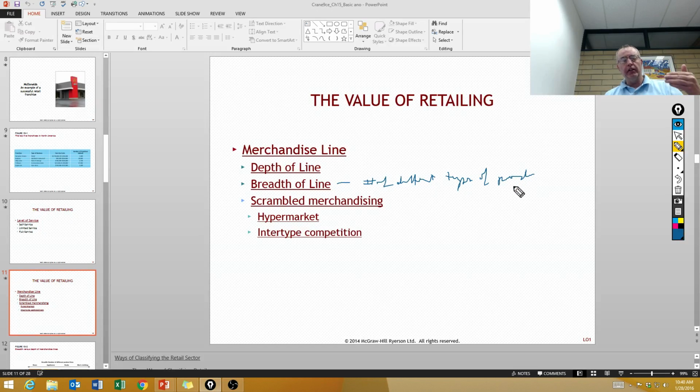You go to Canadian Tire, they have sporting goods, automotive goods, and household goods. Those are different types of product lines. And then the depth of product lines is the number of models within each product line.